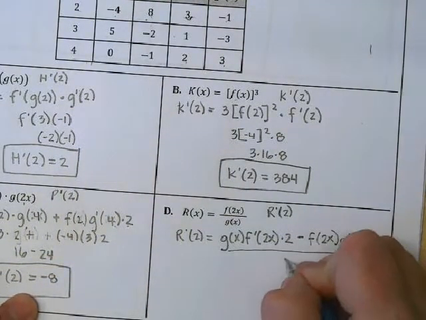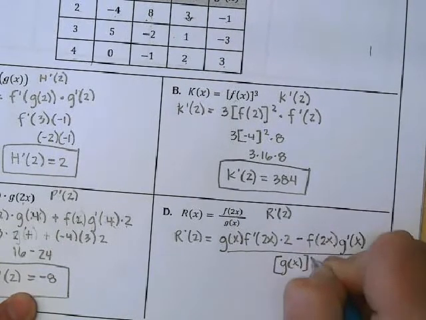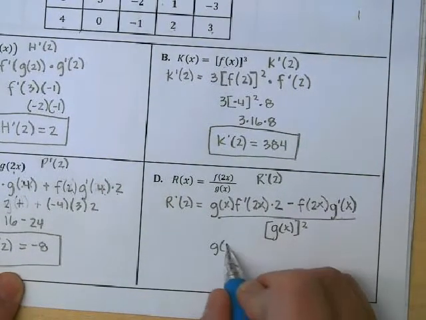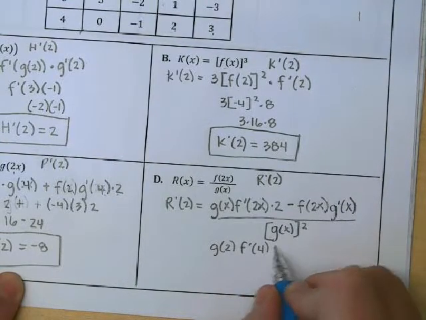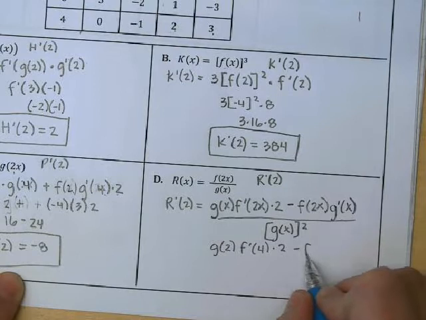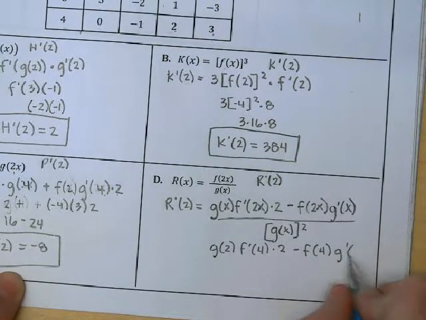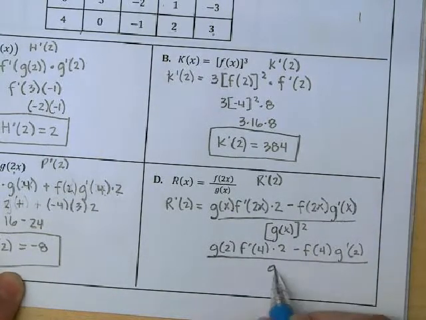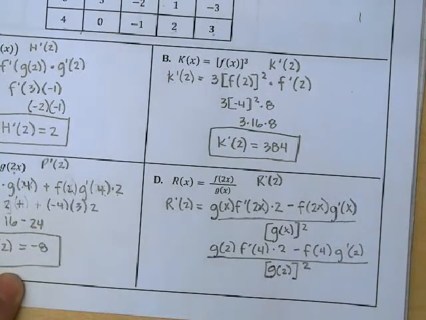And then I'm going to square the bottom, and away we go. In this one, I'm going to put in all the numbers second hand. So g of 2 times f prime of 4 times 2 minus f of 4 times g prime of 2, all over g of 2 squared.